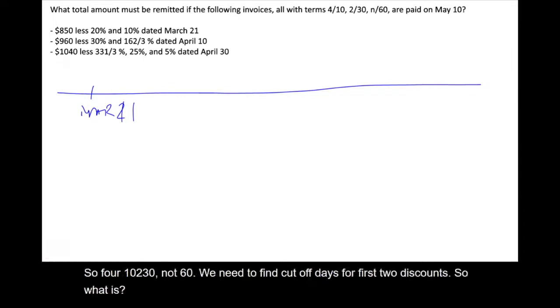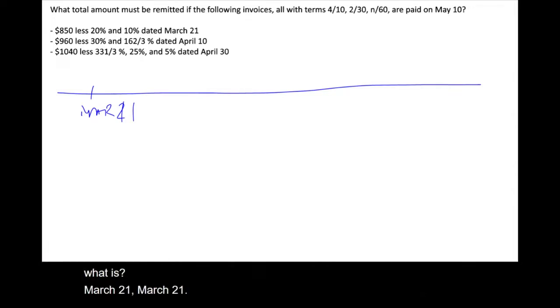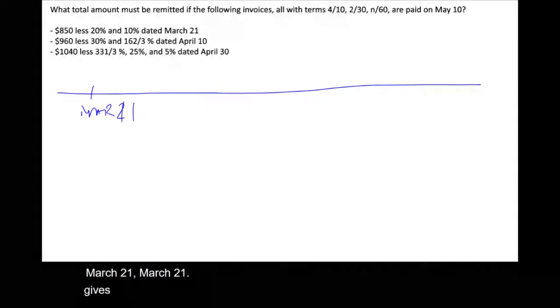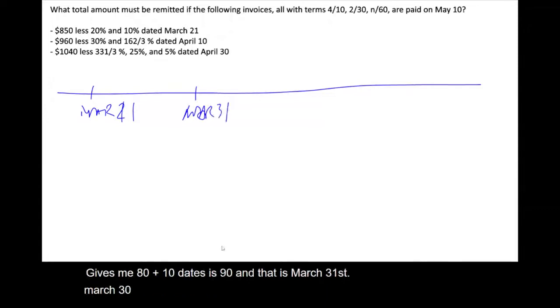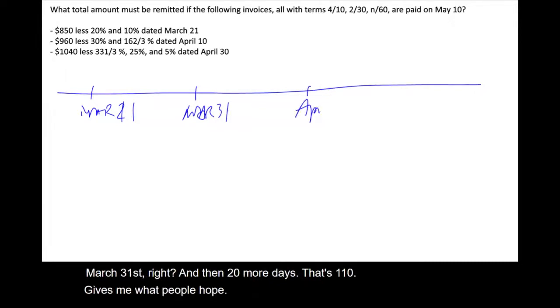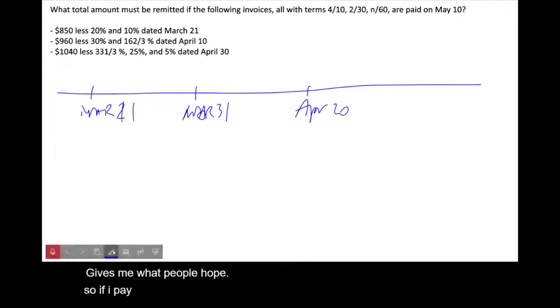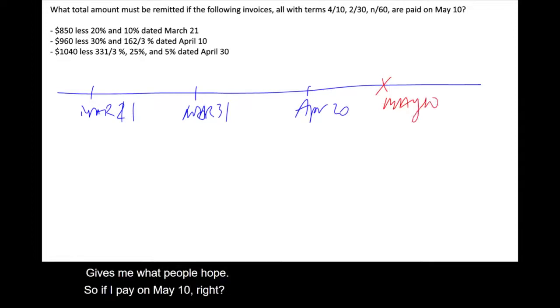March 21 gives me 80 plus 10 days is 90, and that is March 31st. And then 20 more days, that's 110, gives me April 20th. So if I pay on May 10, here I have no discounts, and I pay $850.